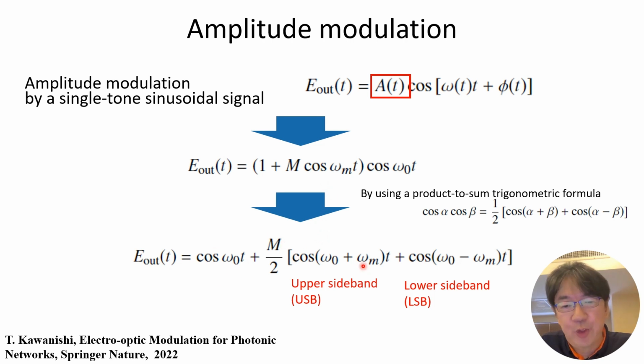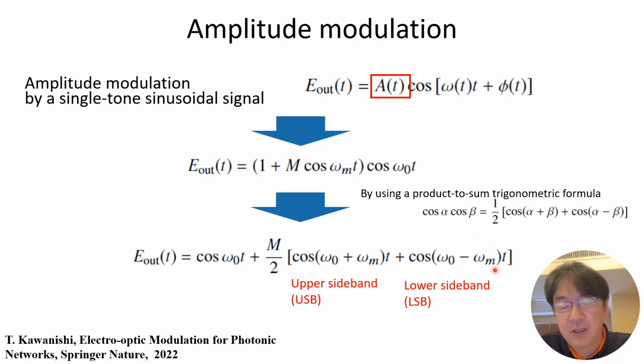It has three terms. The cosine omega_0 t, the frequency is same as the optical input. And here it's an upper sideband whose frequency is higher than this one. Here is a lower sideband.